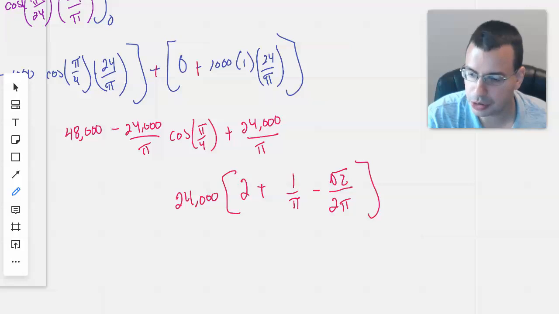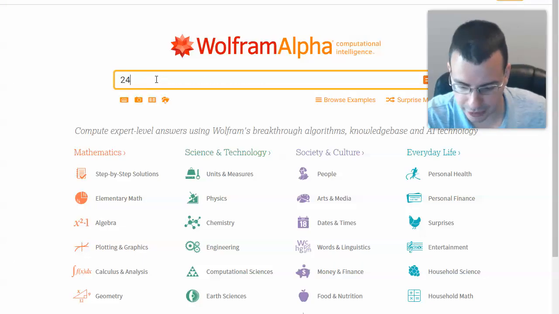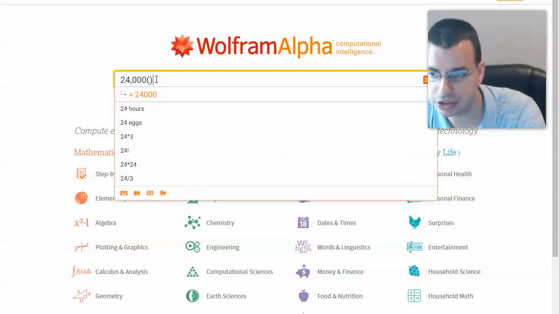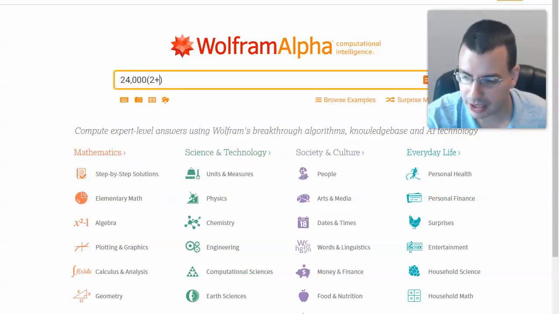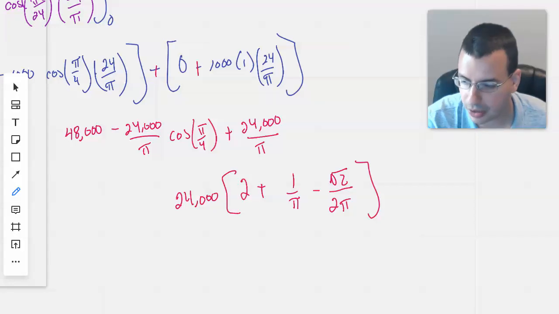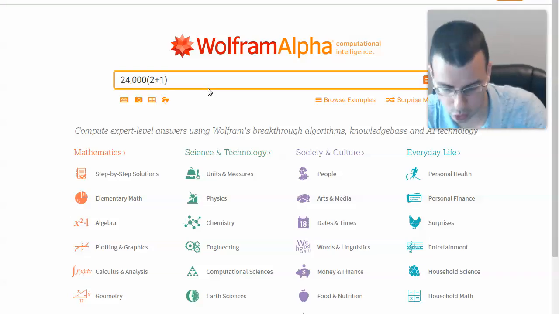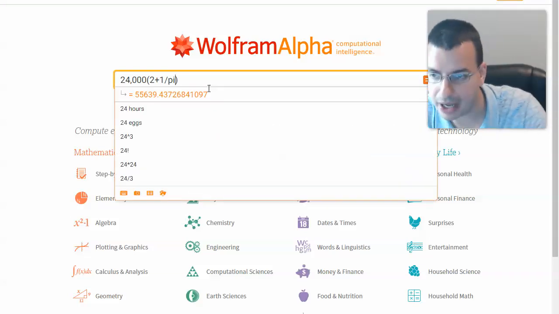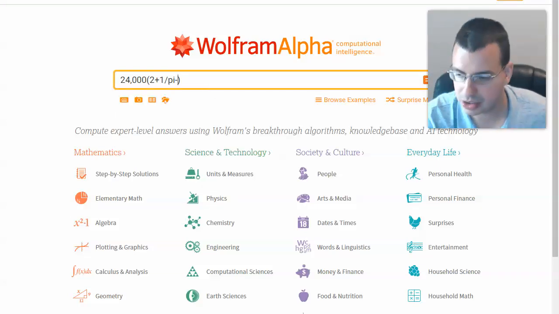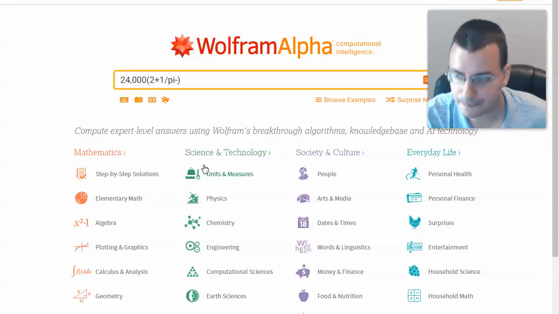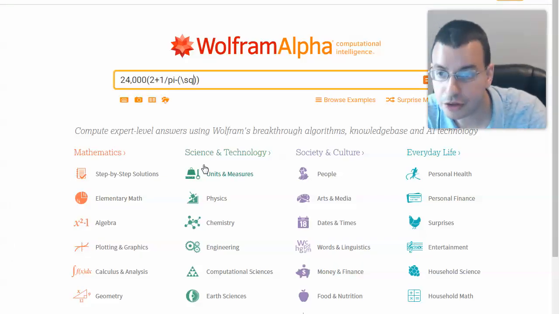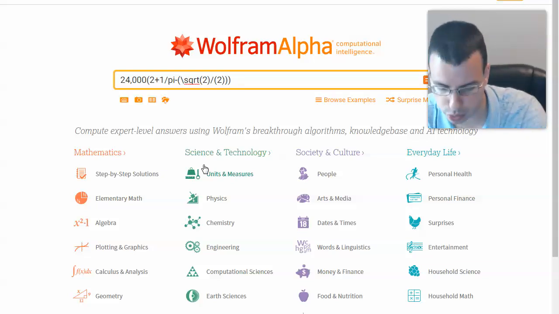So let's see how much we can do at once. 24,000 times, is that 2 plus 1 over pi? Plus 1 over pi, 1 divided by pi, minus square root of 2 over quantity 2 pi.